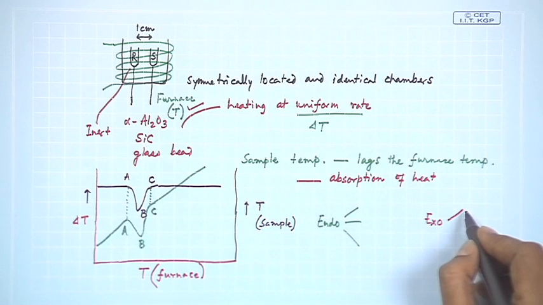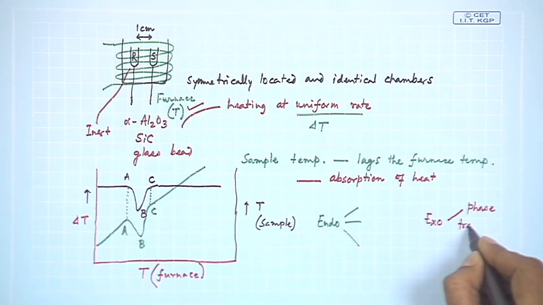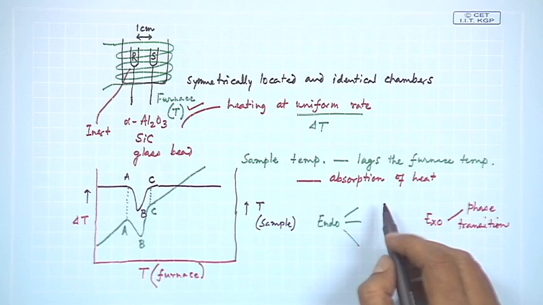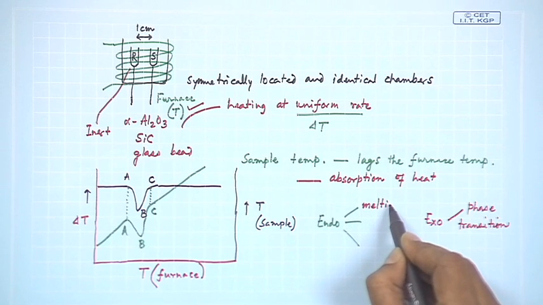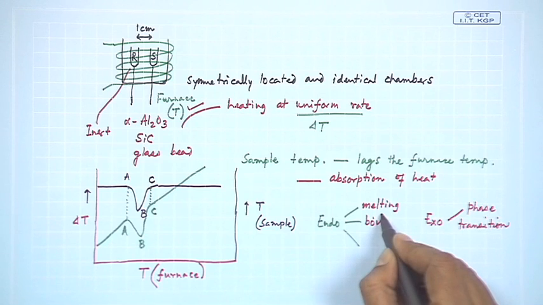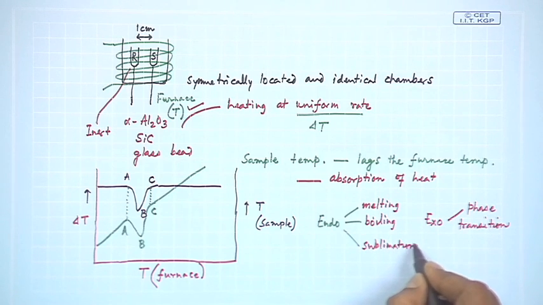An exothermic one is a typical example for phase transition, and an endothermic one is for melting, it can be for boiling, it can be for sublimation.